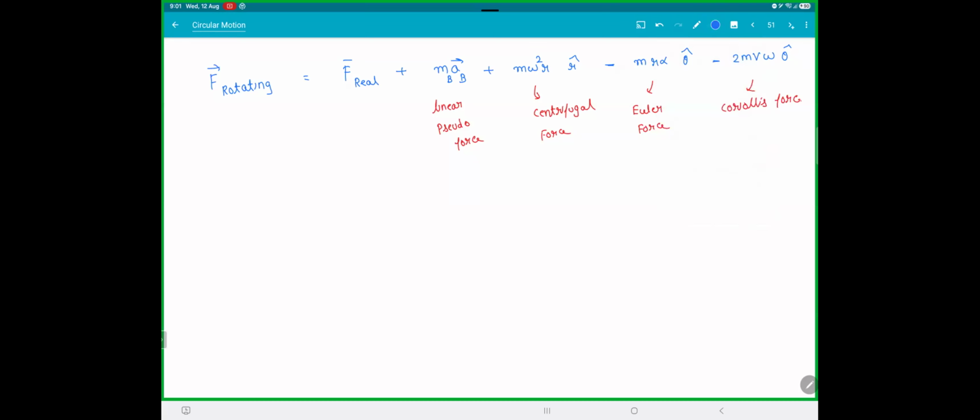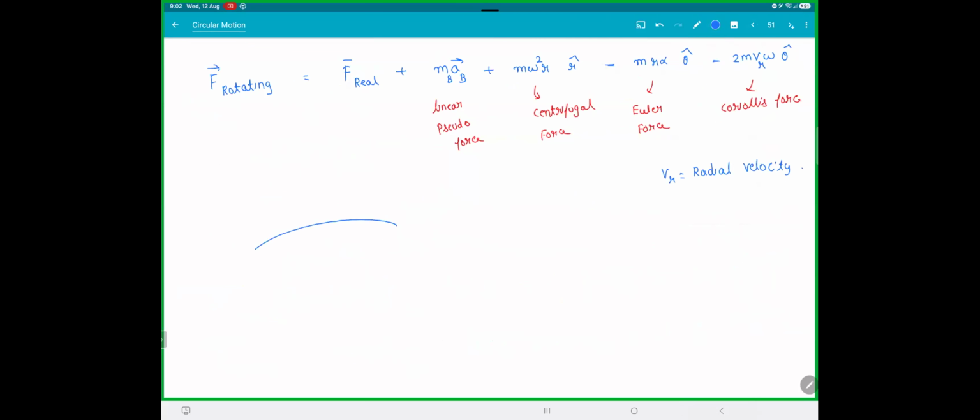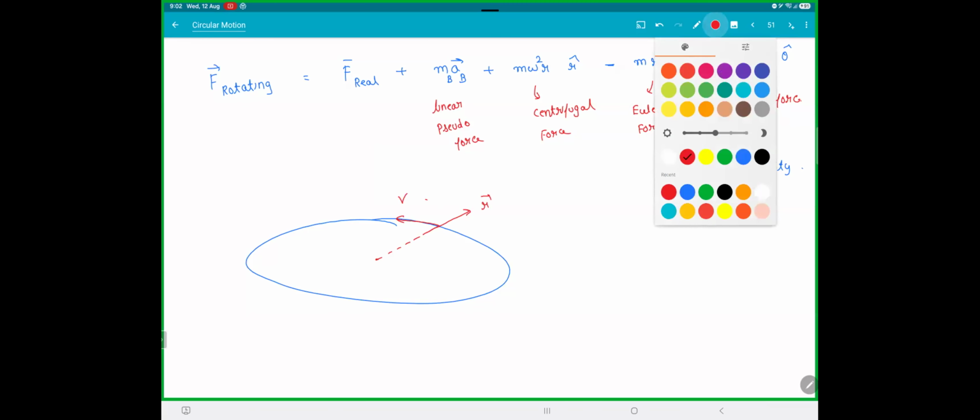Now listen to the cases. So VR is the radial velocity. Omega cross R, it comes from here. See, when you're standing here, this is your R bar. And when your head is rotating this way, this is your velocity.